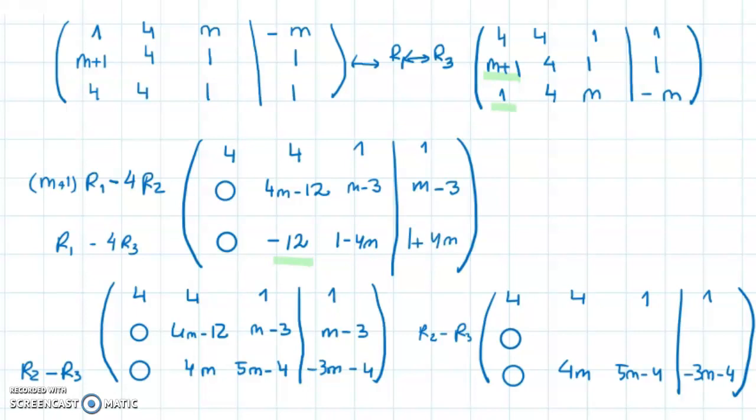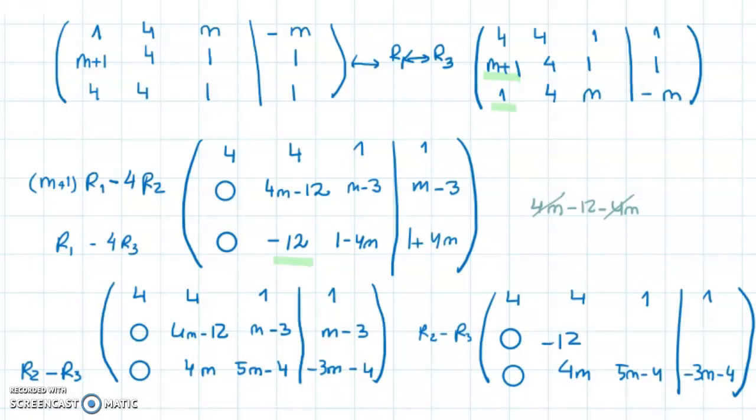And then I'll write with a different color over here 4m minus 12 minus 4m for the second row. So the 4m's cancel, and I'm left with minus 12 for the next entry.